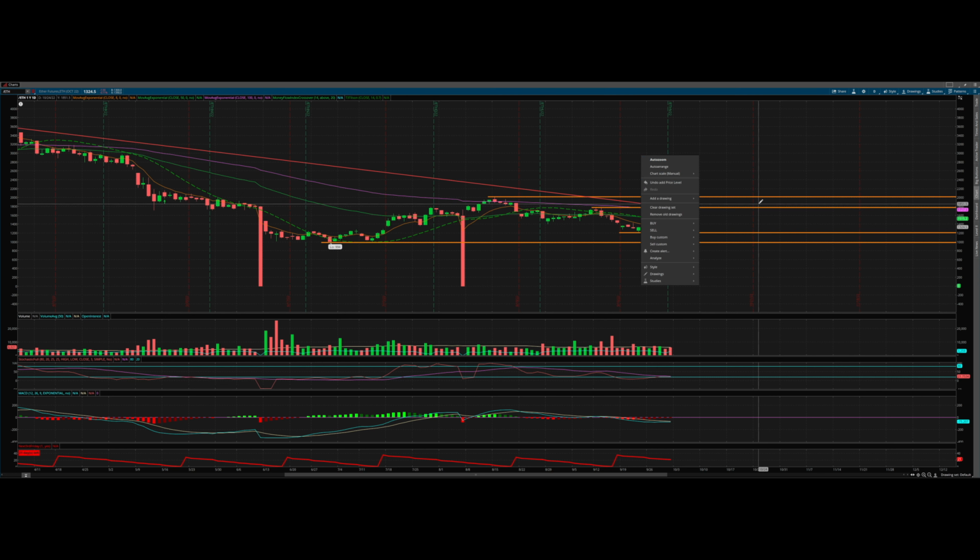And then what we're going to do is make this green, because if we break that line and go above it, that's positive.